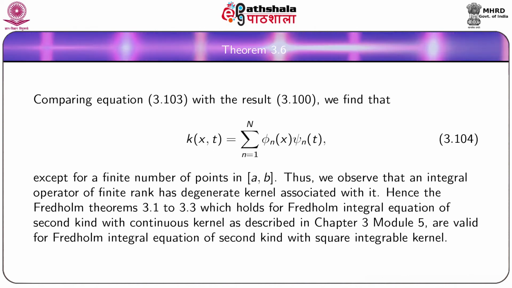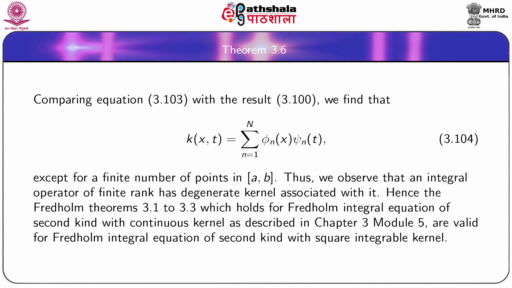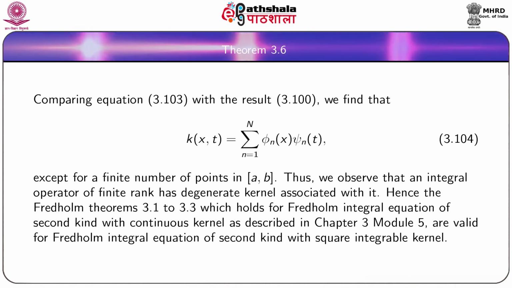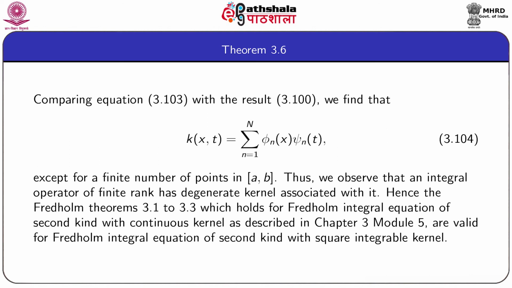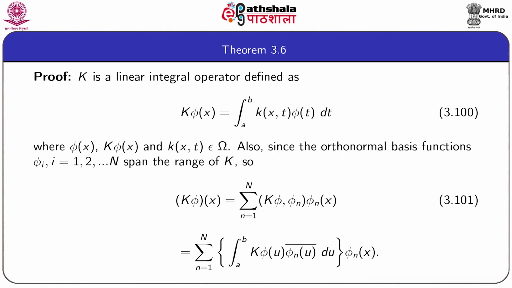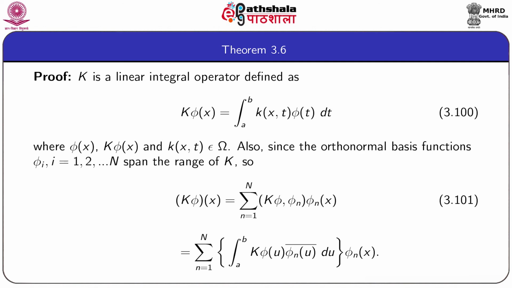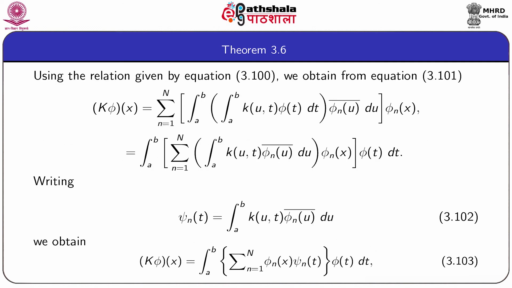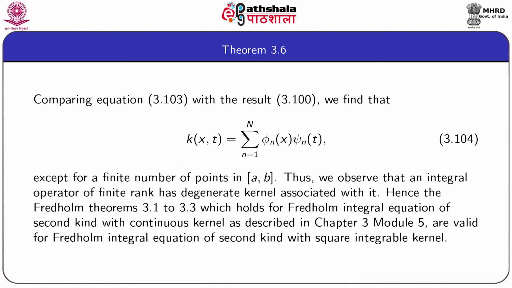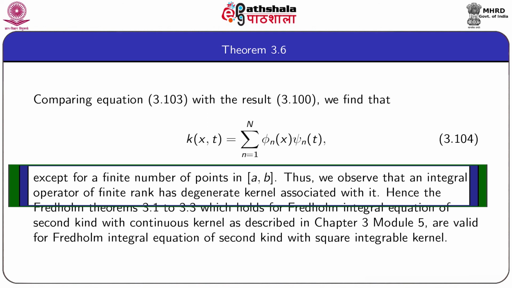So, if I compare equation 3.103 with equation 3.100, that is K phi(x) equal to the integral of k(x,t) phi(t) dt, then we can observe that this k(x,t) is given by the summation n equal to 1 to N of phi n(x) into psi n(t), as given by equation 3.104, except for a finite number of points in [a,b].